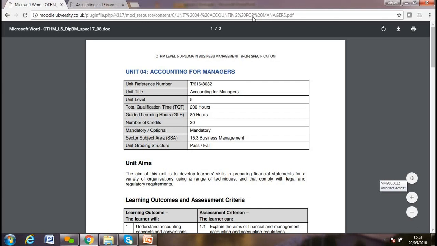How many types of financial statements do we prepare? Four, well done. We also covered the business types of ownership: sole trader, partnership, and limited companies. A stakeholder means anybody who has any interest in the business. So that's all in LO1, addressing our learning outcomes.